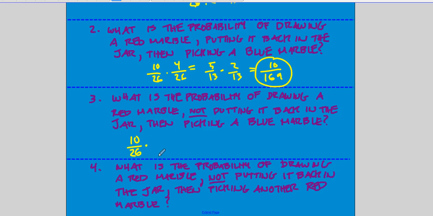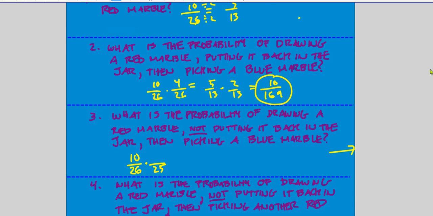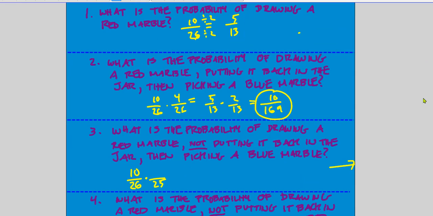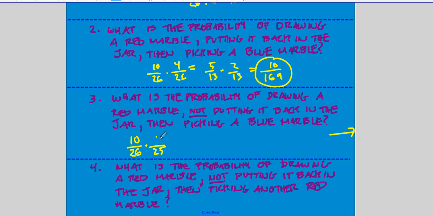Now we multiply that by the chance of picking a blue marble. Well, we took this first marble, this red one, and we threw it away. So now we only have 25 marbles left. So now chance of picking a blue, no blue marbles have been picked yet, so we have a total of 4 blues, so that's going to be 4 out of 25.